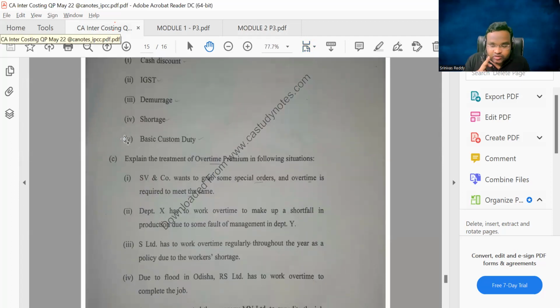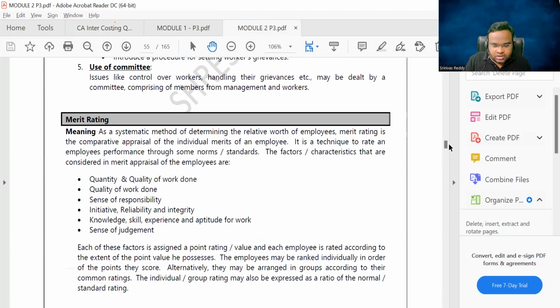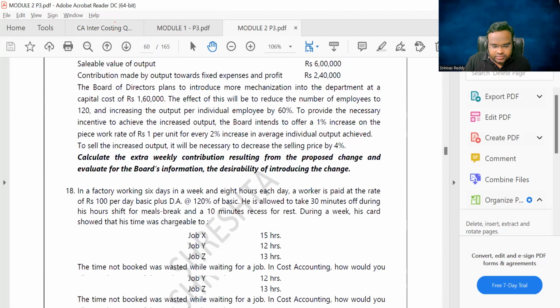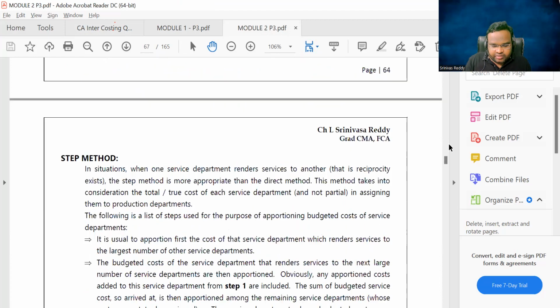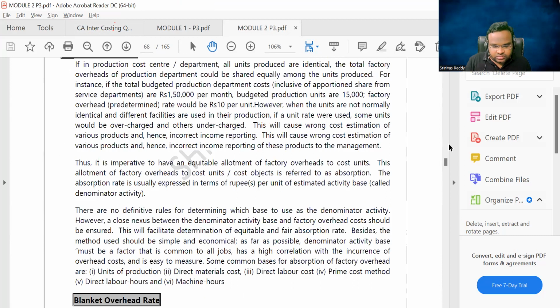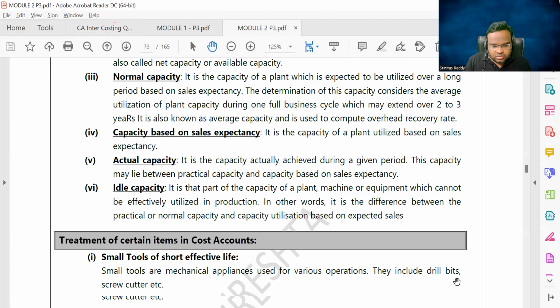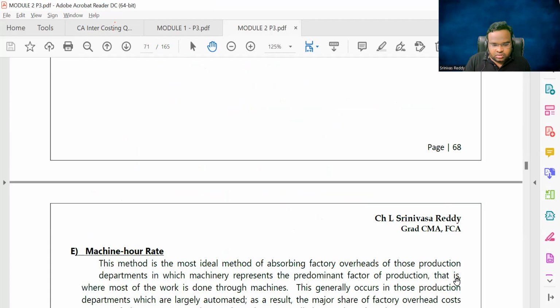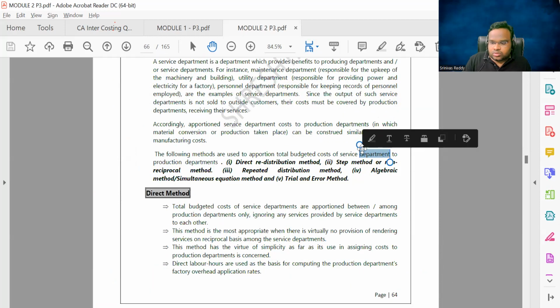I told you in terms of chapters also, you should be very focused on this overtime premium. If you see in our material overhead chapter, you'll find this overtime premium. So overtime treatment I have discussed for each job. One minute.